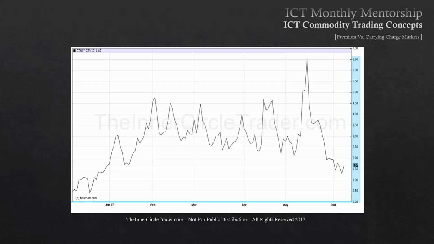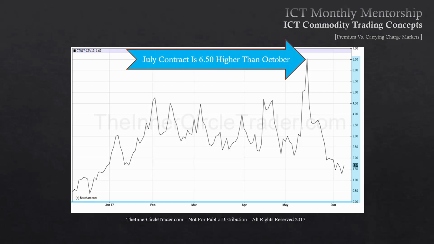Take a look at that spike up we saw in May. We're going to do a little bit of analysis there. At that high in May, at its peak, the July contract was trading at a 6.50 premium higher than the October delivery contract for cotton.